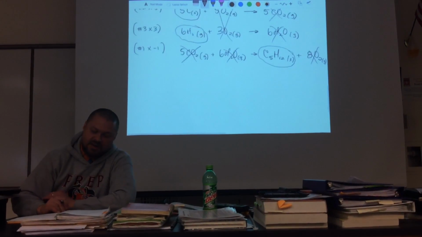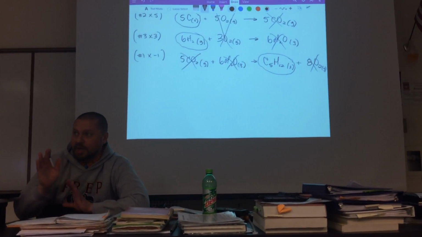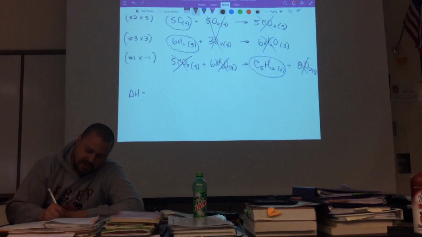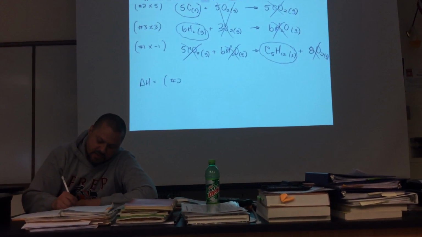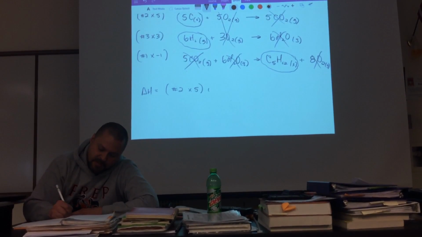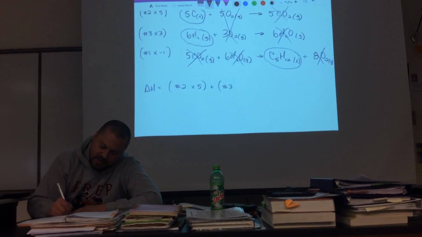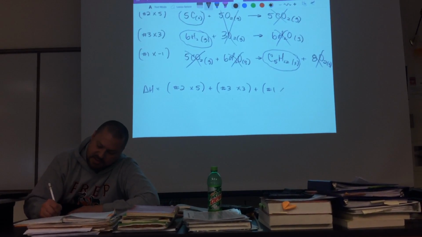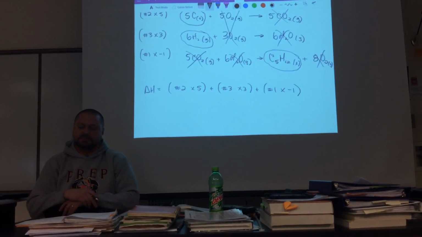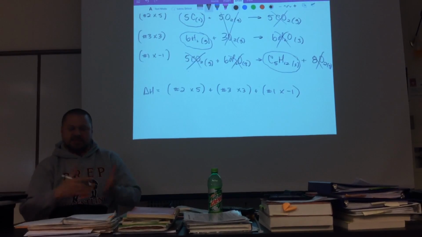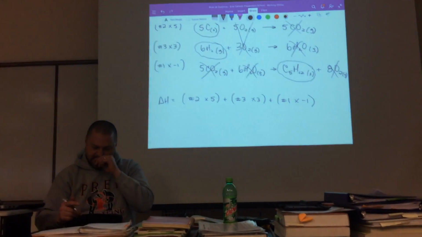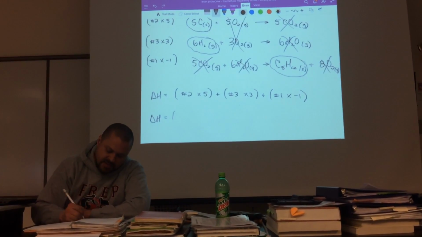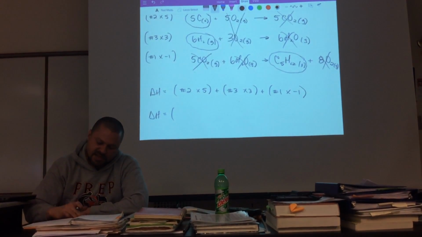Right? So now all we do is take all that we just did and summarize it. Delta H is going to be equal to number 2 times 5 plus number 3 times 3 plus number 1 times -1. So I just took what I said, the stuff I kept on the side there. Delta H equals, well, number 2, I have to go up to its delta H value.